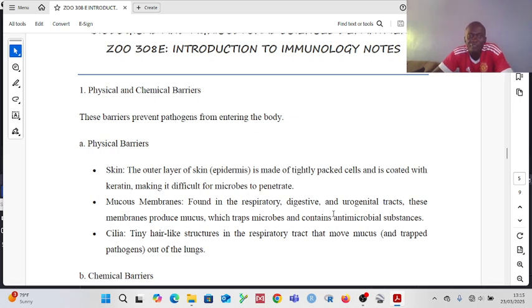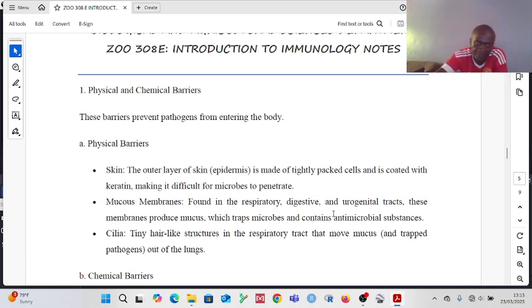So with the physical barriers, you are talking of the skin. This is the outermost layer, the epidermis, that is made up of tightly packed cells. So it makes it difficult for microbes to penetrate. Unless you have a cut on your skin, microorganisms will have difficulty penetrating and entering your body. So that's the first line.